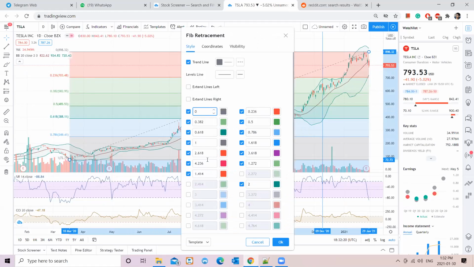For Tesla, from this you could select the next levels, which can help you gauge how much upside potential it has.